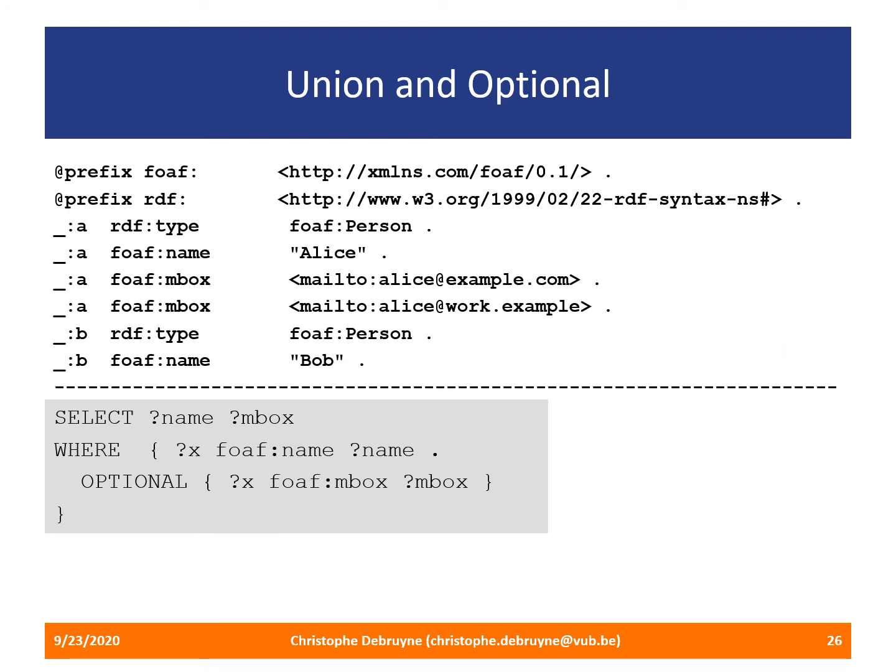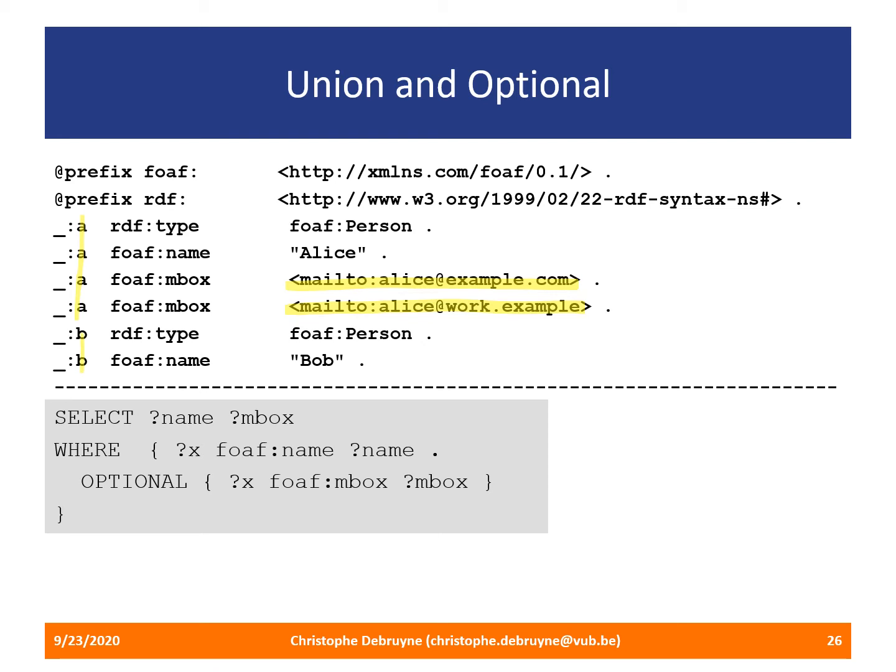Let's use the optional operator. In this example, I have two blank nodes. They all describe a person. The first person is named Alice and she has two mailboxes. The second person is named Bob and Bob doesn't have a mailbox.